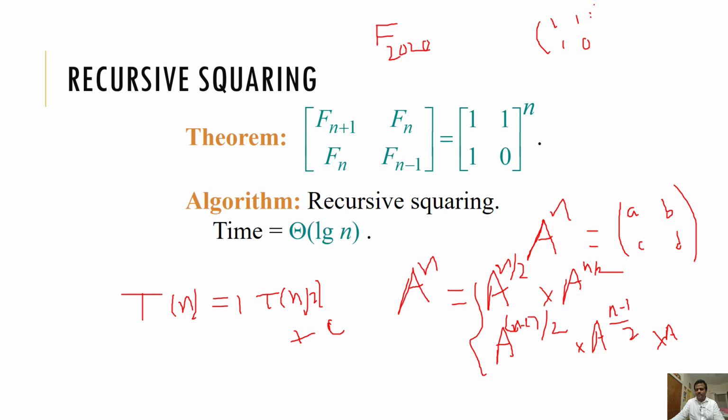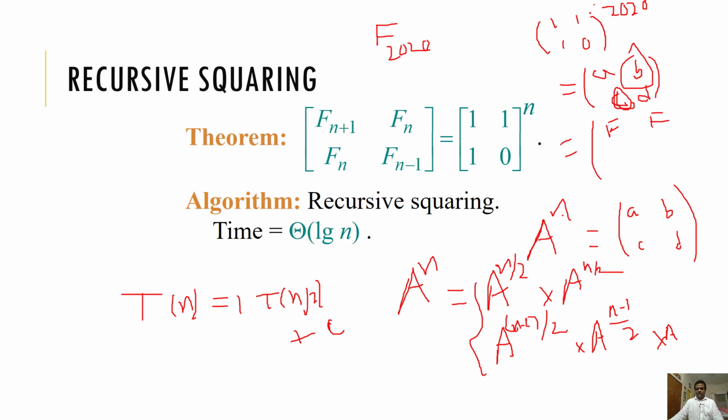This is a 2 by 2 matrix and the result will also be 2 by 2. So, this will be some values A, B, C, D. B and C will be the same, and they are nothing but F 2020. So, that is the idea.